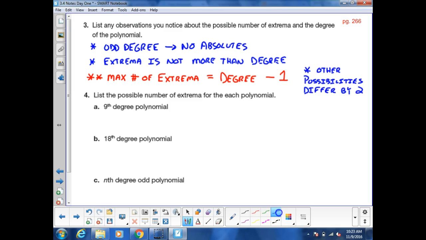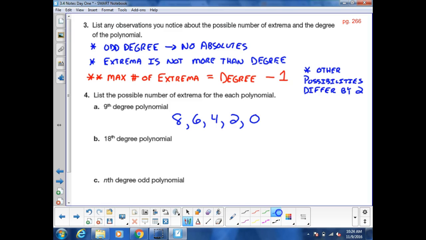Okay? Alright, so my degree is 9. What's the most number of extrema that I can have? 8. 9 minus 1 is 8. What's another possibility for a 9th degree? 6. What's another possibility? 4. What's another possibility? 2. What's another possibility? 0. With me?